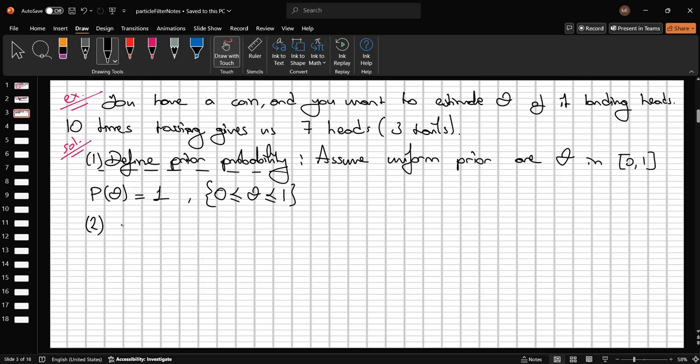After that, we need to define the likelihood function.